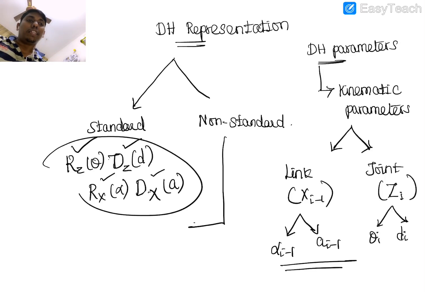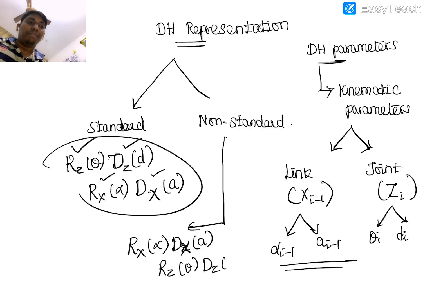Whereas the non-standard is slightly different, where initially we rotate about x, then translate along x, then rotate about z, then translate along z. This is the major difference. Why does the non-standard form come in?